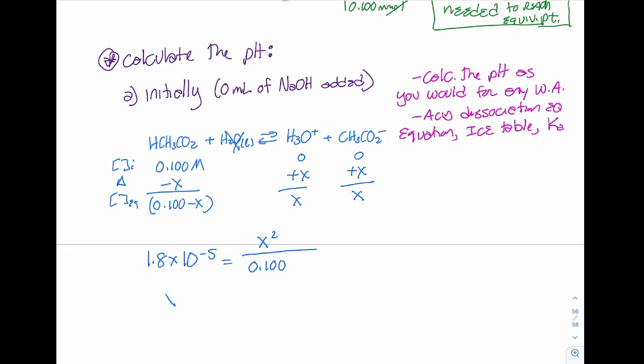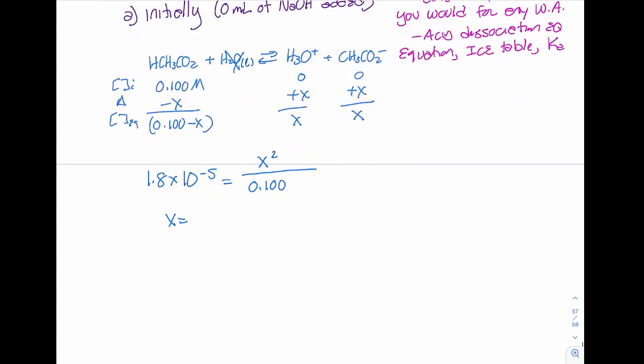We're going to solve for x. So I'm grabbing my calculator. And I got that x is 0.0013. Let me put some units on there because I'm about to write concentration.